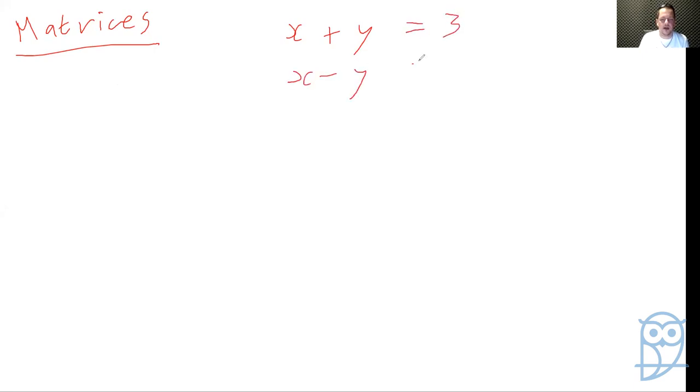All right. So matrices. A lot of the time that you will deal with these is when you come to simultaneous equations. So if you have something like x plus y equals 3, x minus y equals 1, and I say to you, solve for x and y.